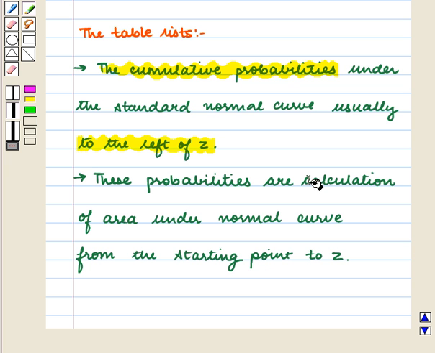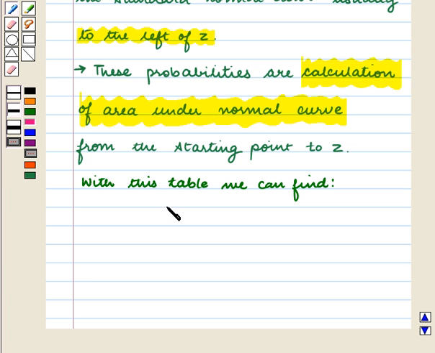These probabilities are calculation of area under normal curve from the starting point to z. With this table, we can find phi z equal to probability of random variable z less than equal to z.